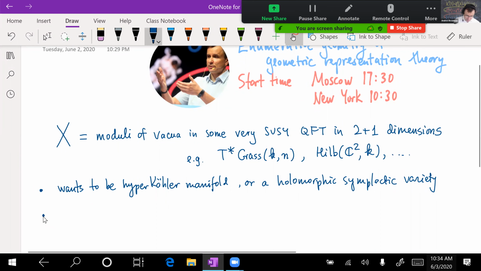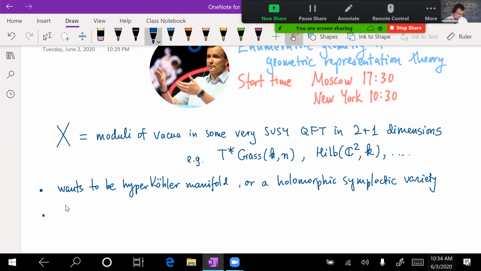And then generally, if we talk about moduli of vacua somewhere, what are they? You have all possible configurations of fields. Now, to be a vacuum is a condition to minimize some function, actually.